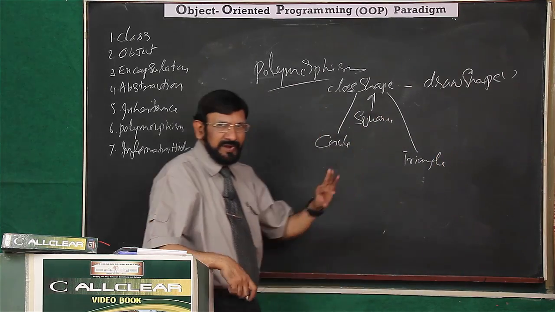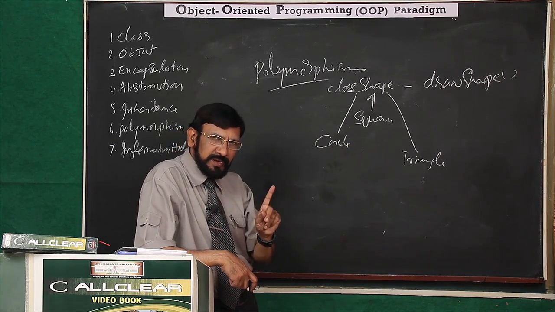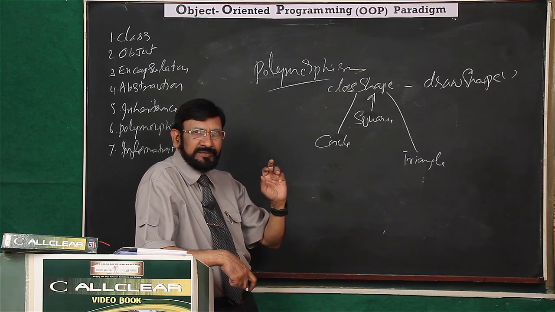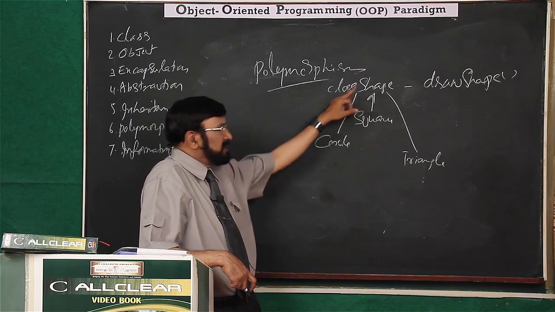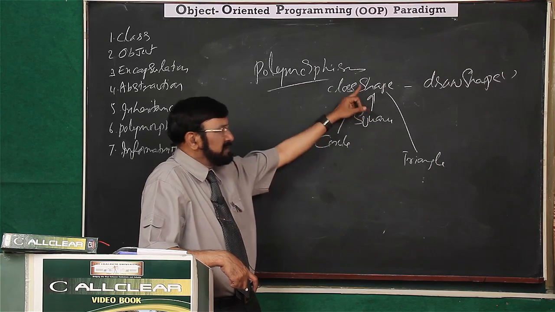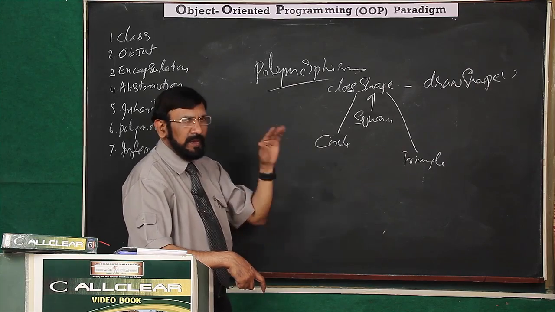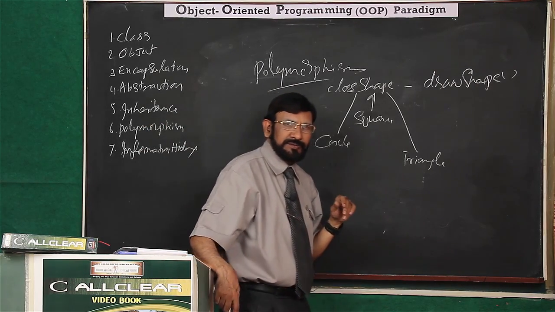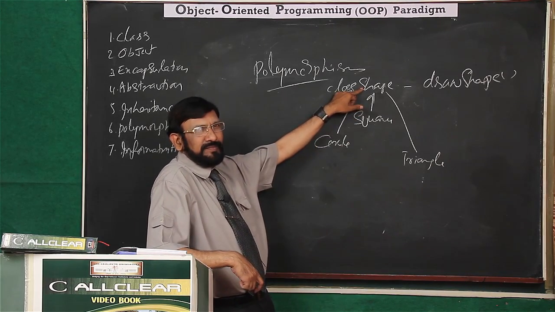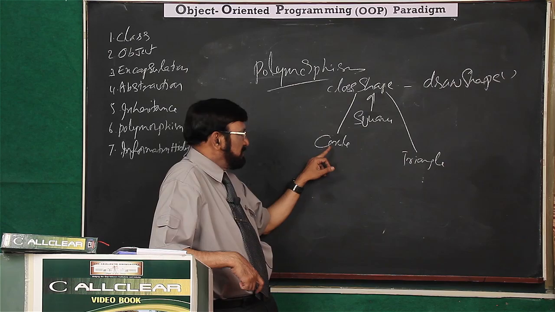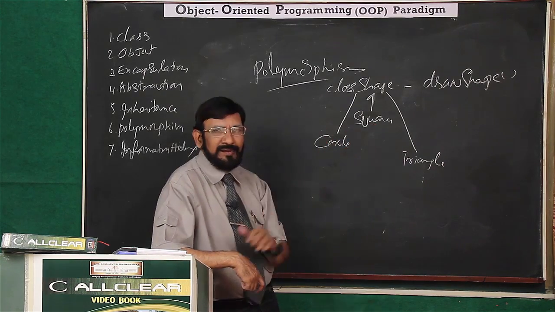Now the easier relation is there, this is inheritance, as I already told you. So square is a type of shape, circle is a type of shape, triangle is a type of shape. Here our context is different: polymorphism, one interface, multiple forms of implementation. The superclass is shape, and there are three independent subclasses: circle, square, and triangle.